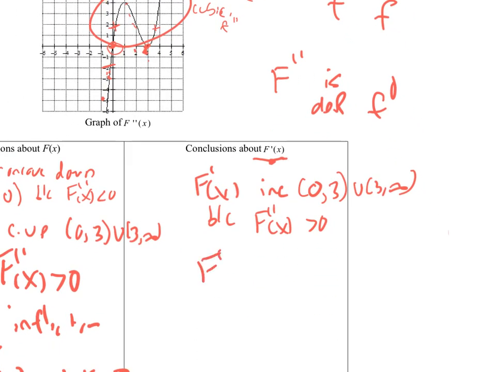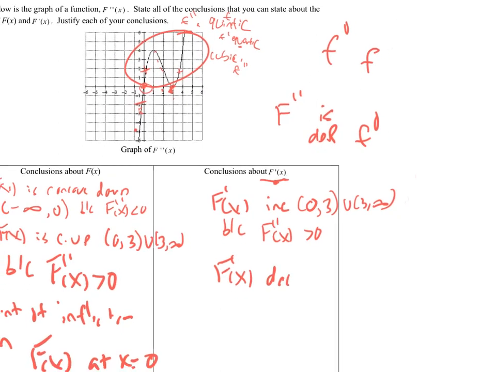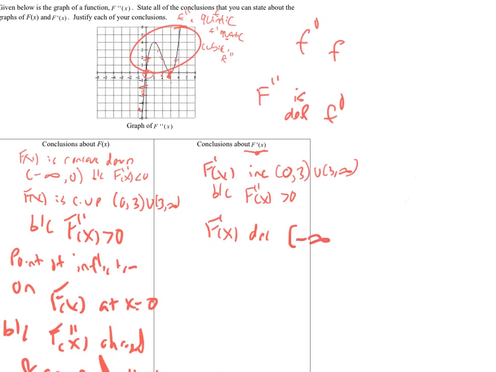I can tell you f prime of x must have been decreasing from negative infinity until it got to 0, because f double prime, its derivative, was underneath the x-axis, which means less than 0.